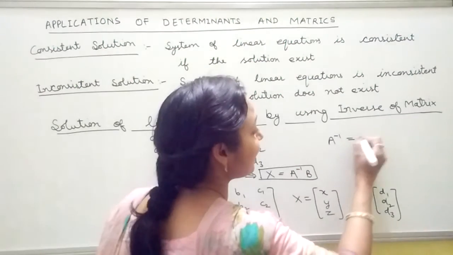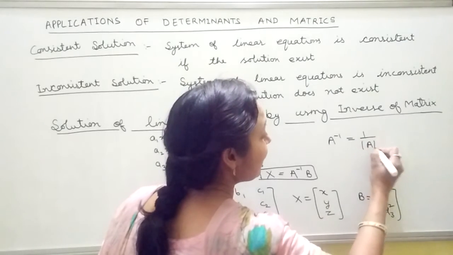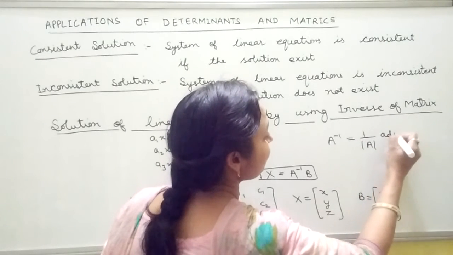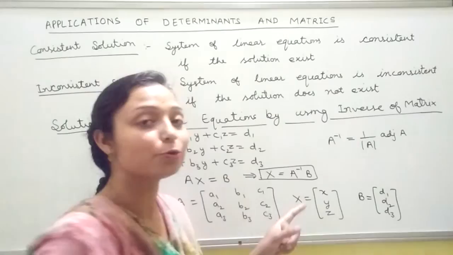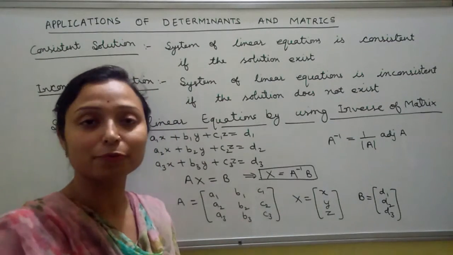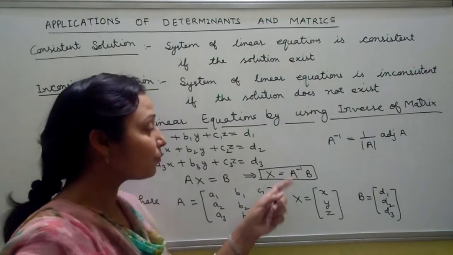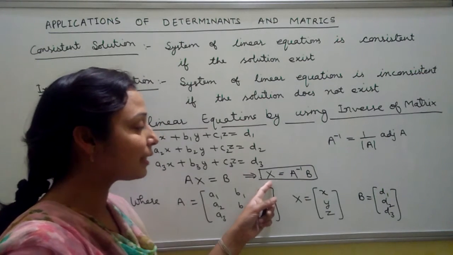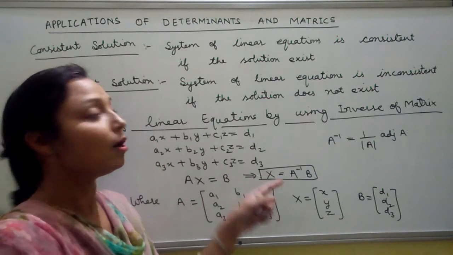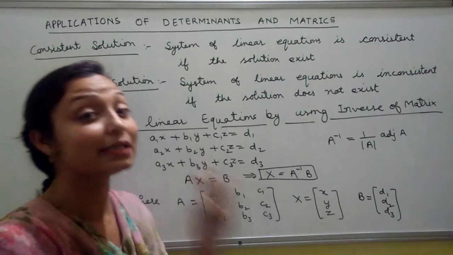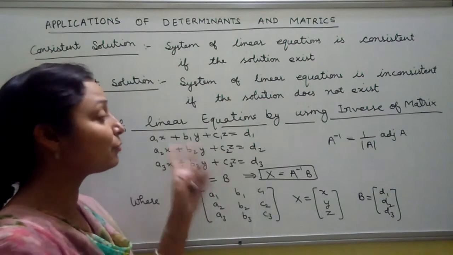What is that formula? A inverse is 1 upon determinant of A times adjoint of A, which I have told all of you in my previous lecture, how to find this A inverse. So by using A inverse and B, we can easily find the values of x, y, z of these linear equations in 3 variables, not 2. This is in 3 variables.